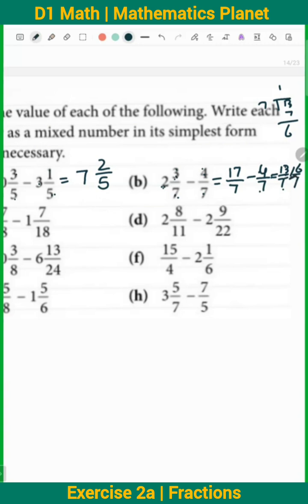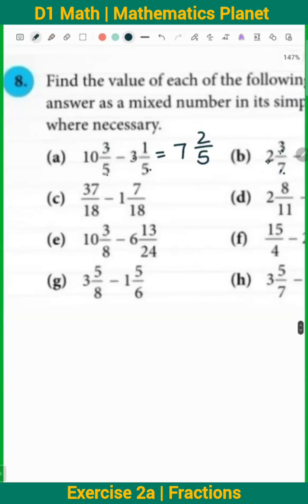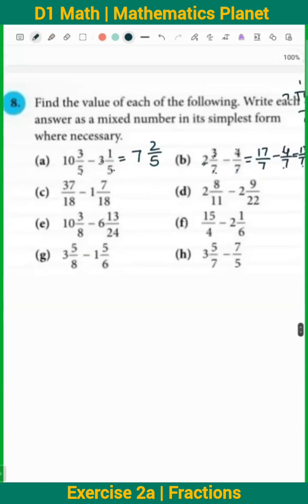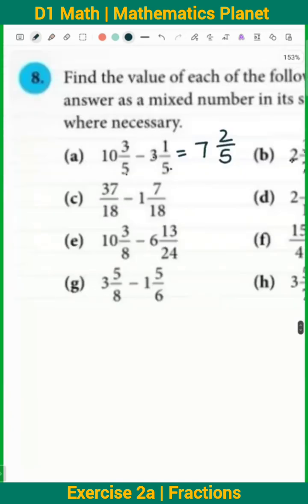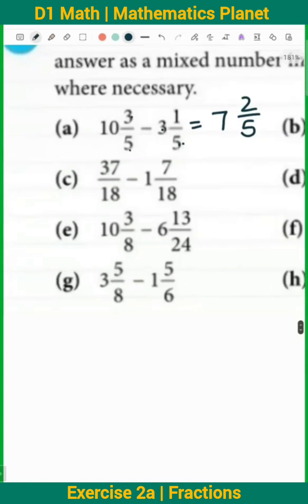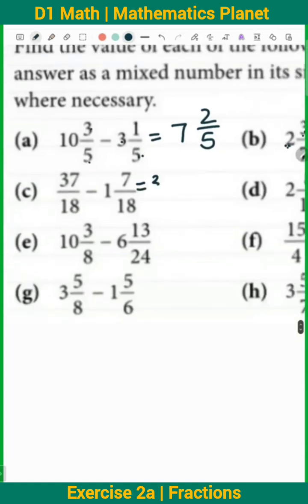Okay. 37 by 18 minus 1 whole 7 by 18. Yes, the answer comes 1 whole 30 over 18. You should also tell me the procedure.